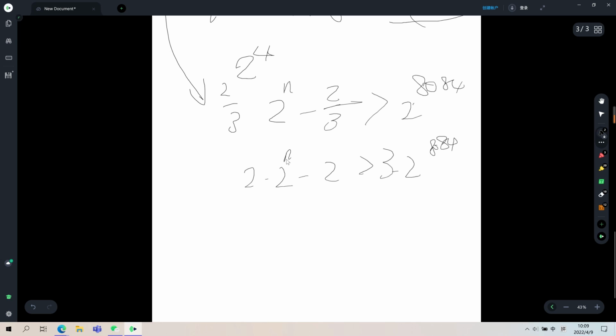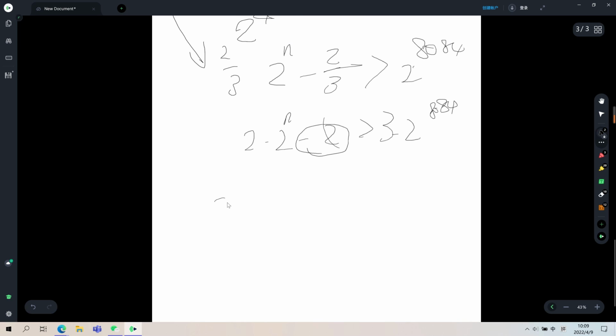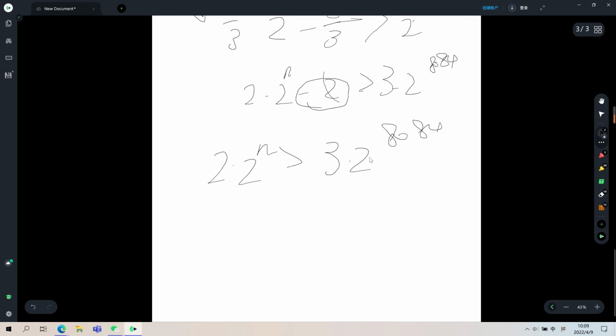Because n must be very, very big, we can actually ignore the negative 2 here because it is very insignificant. So we need to make sure 2 times 2 to the power of n is greater than 3 times 2 to the power of 8084. Because 3 times 2 to the power of 8084 must be greater than 2 times 2 to the power of 8084, which is 2 to the power of 8085.